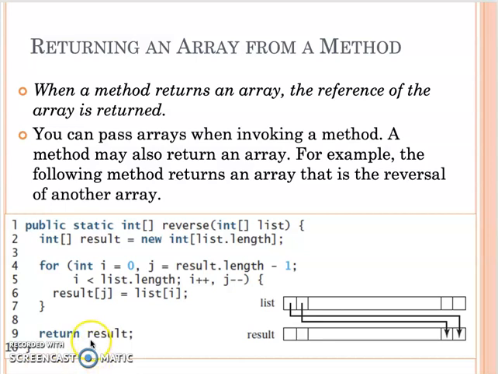Remember, when you return result, you actually just return the object reference variable. That's why we say whenever you return an array, the reference for the array will be returned. That's the simple example to show you an array can be returned from a method.